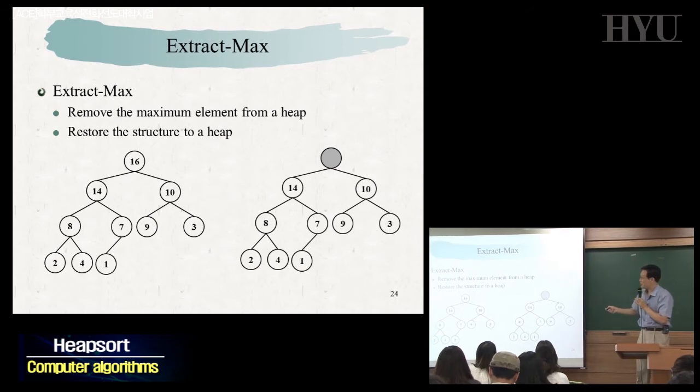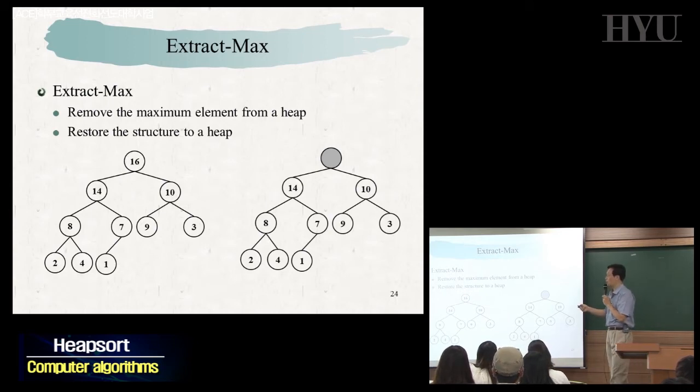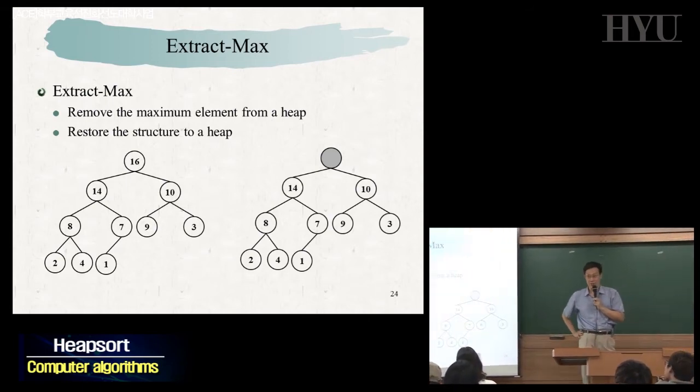So we just remove 16 from the root. And it takes constant time. But that's not all. Look at this. This is not a heap. So we have to restore the structure to a heap. That is the procedure of extract max.